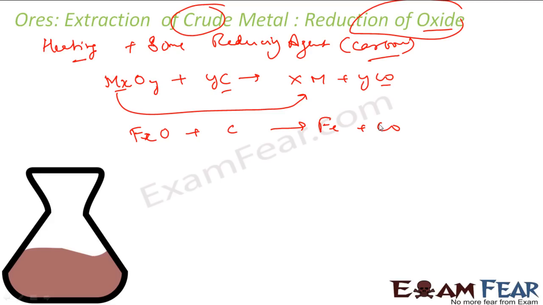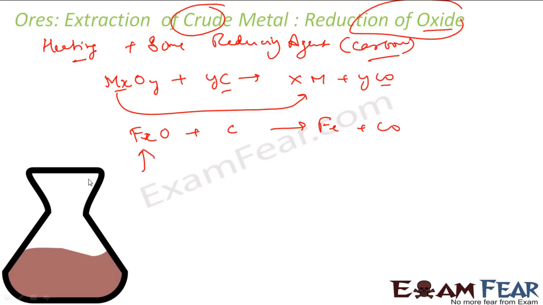Right? Now, the trick here is that some metal oxides can easily be reduced by carbon, but some are difficult to reduce. To understand why some metal oxides reduce easily and why some are hard to reduce, we need to understand the concepts of thermodynamics.